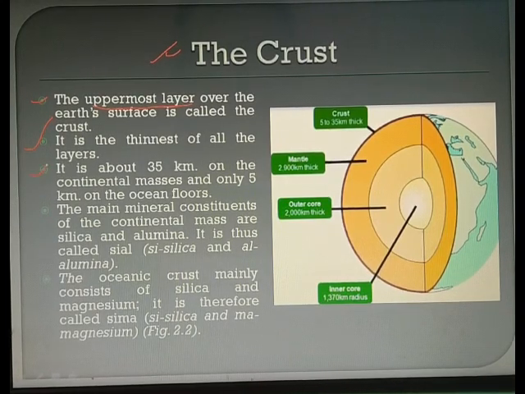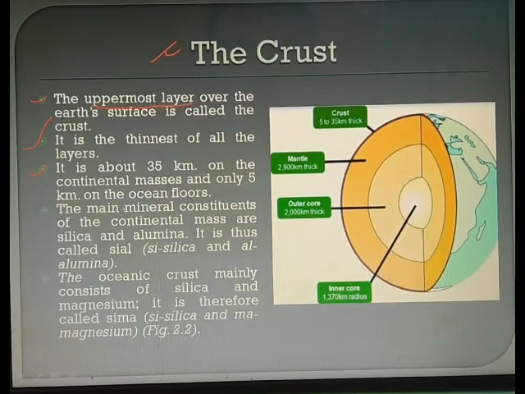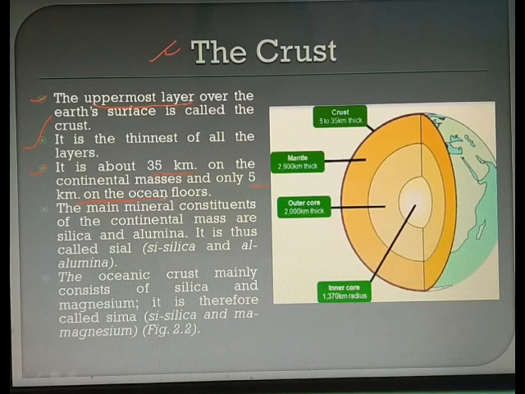Then the third point: it is about 35 km on the continental masses and only 5 km on the ocean floors. That means it is 35 km in the land mass area, but only 5 km in the ocean area.